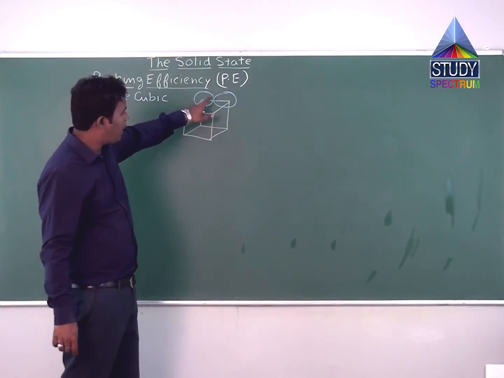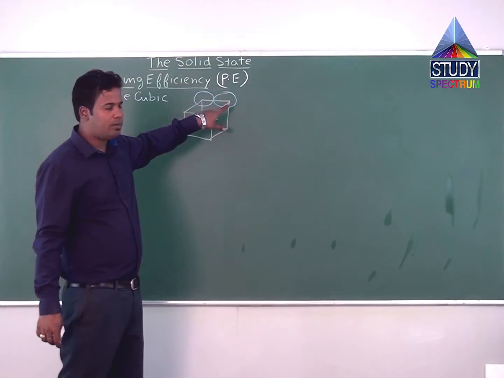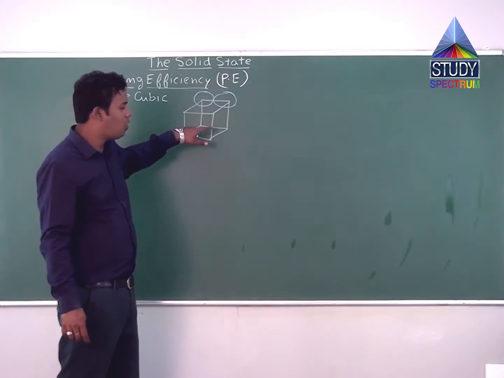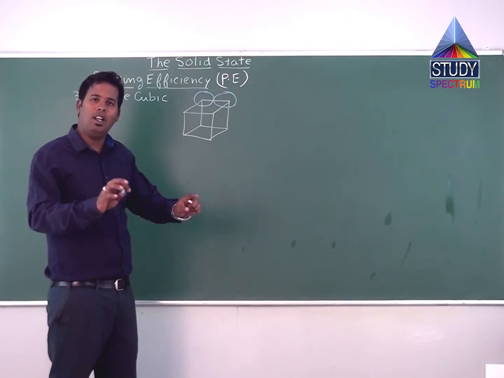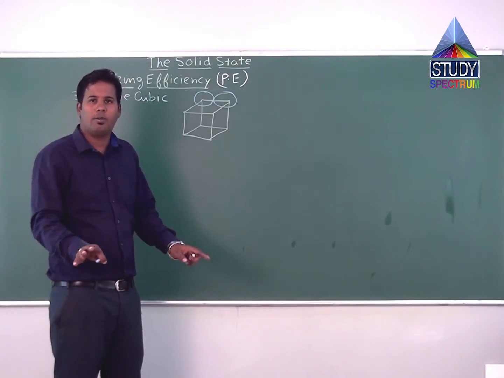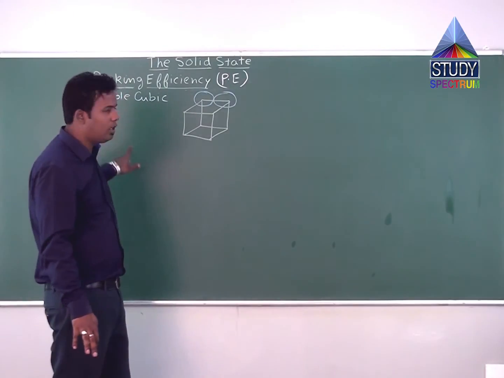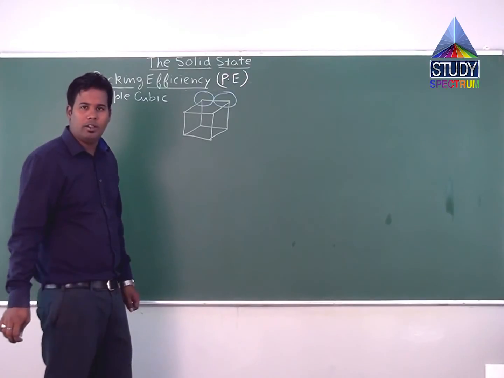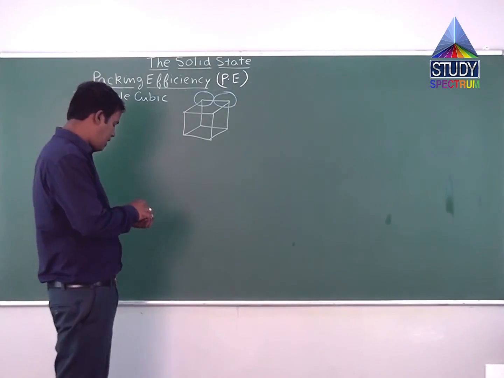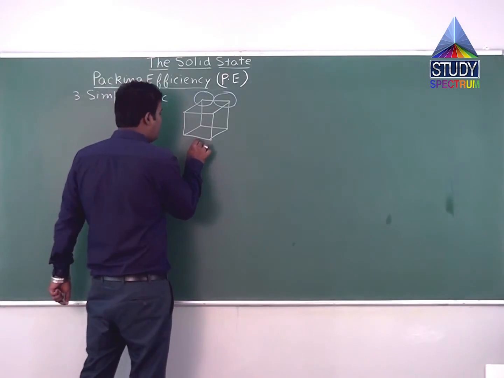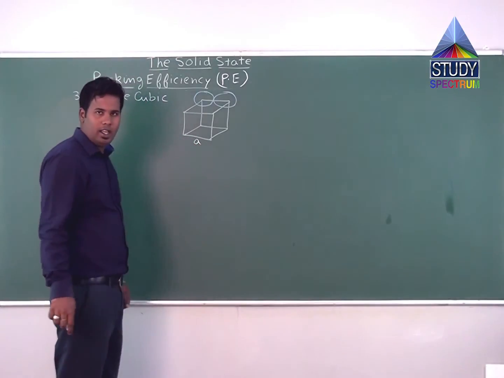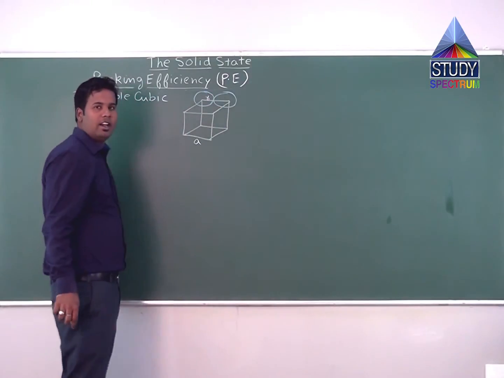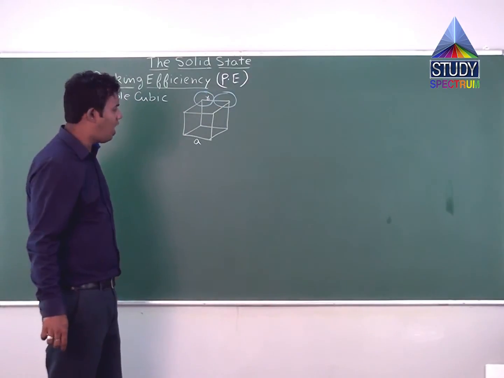Now for the sake of calculation I have drawn only two spheres, but you understand the atoms or the spheres are present at all the corners of the cube but only at the corners and no other position. That is what a simple cubic or primitive cubic unit cell actually is. Now let the edge length be represented by small a and the radius of each of these identical spheres be small r.